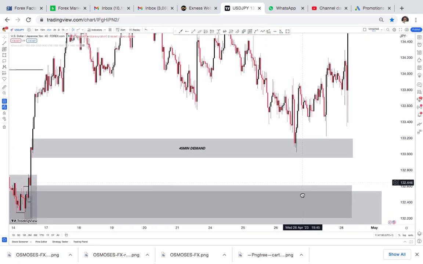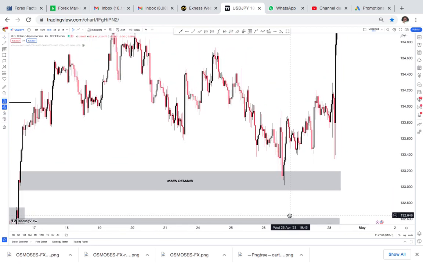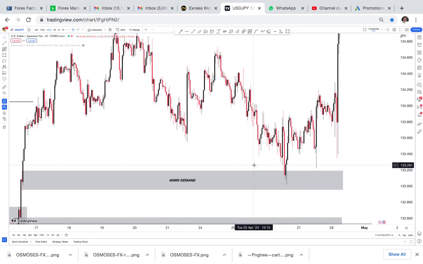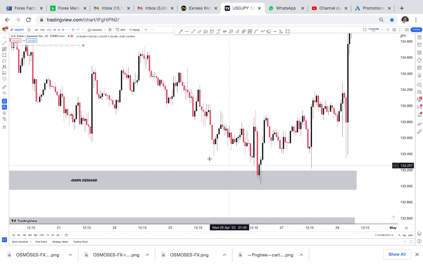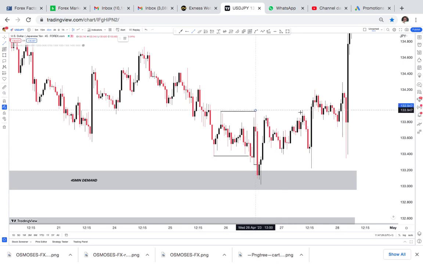They left it there. Okay, so how should we have benefited from this? This is the relevant low that was created. This side was wicked out, and this was also wicked out before this was finally wicked out.